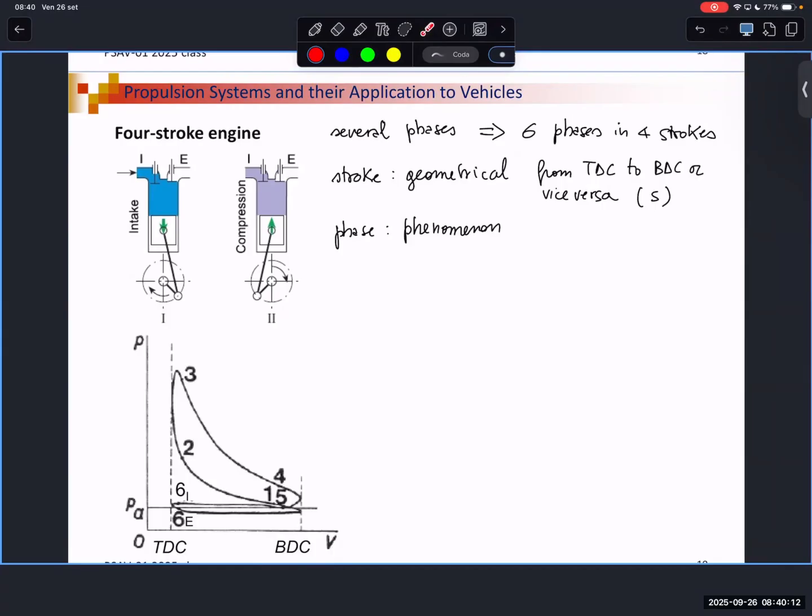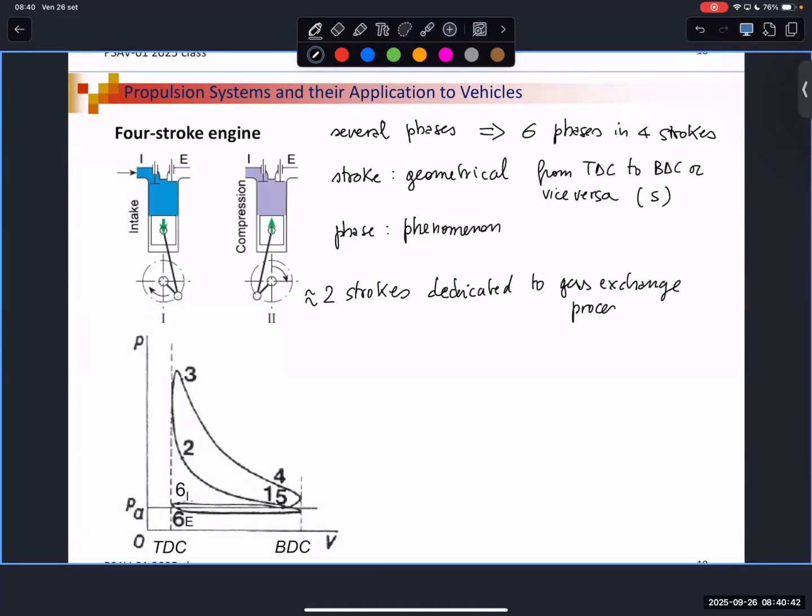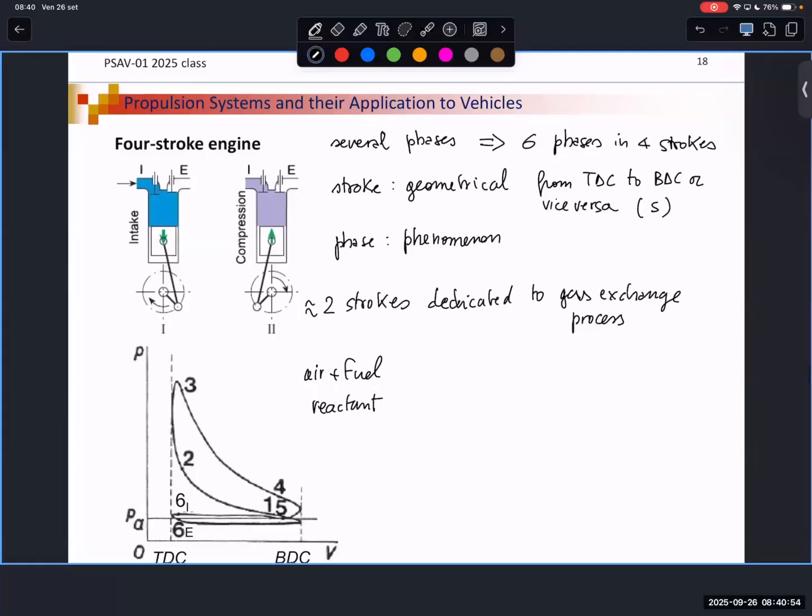In 4-stroke engines, and this is what distinguishes between 4-stroke and 2-stroke, more or less 2 strokes are dedicated to the gas exchange process. I remind you that in combustion, we start from air and fuel, which are also called reactants, or the mixture, or the charge.